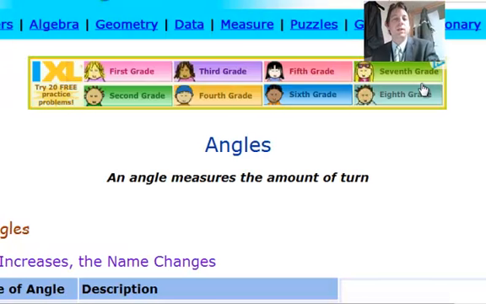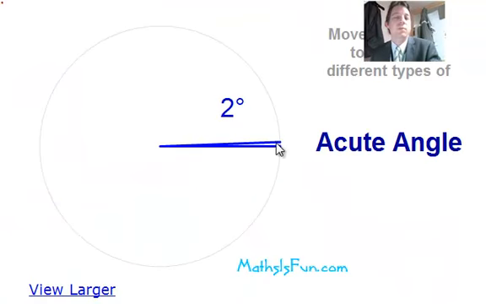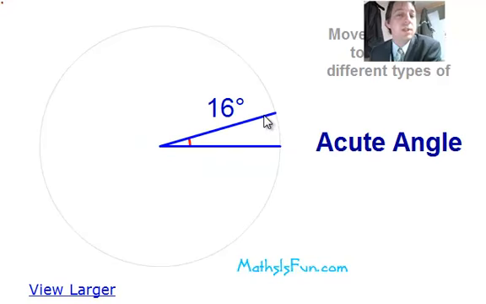I'll show you a bit of this right now, and you can do this here. I'll give you this link later. The full rotation, or 0 degrees, as you're moving up, it's an acute angle. Can you see that? Right here it says acute, and then you move up to 90, and it is what?